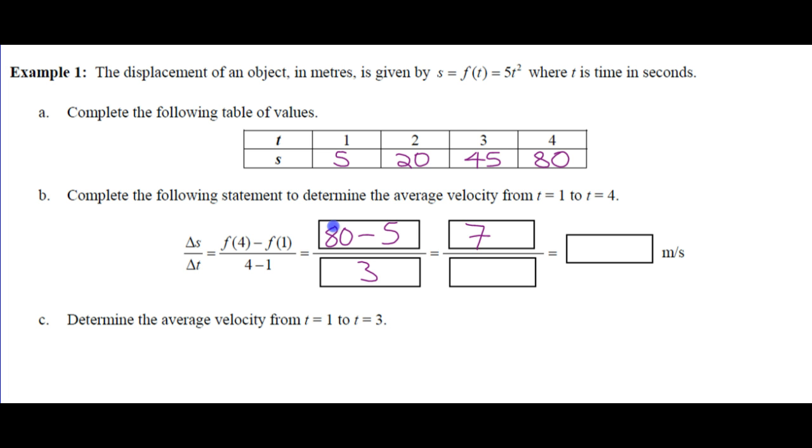We're just taking the values out of the table. That gives 25 meters per second.